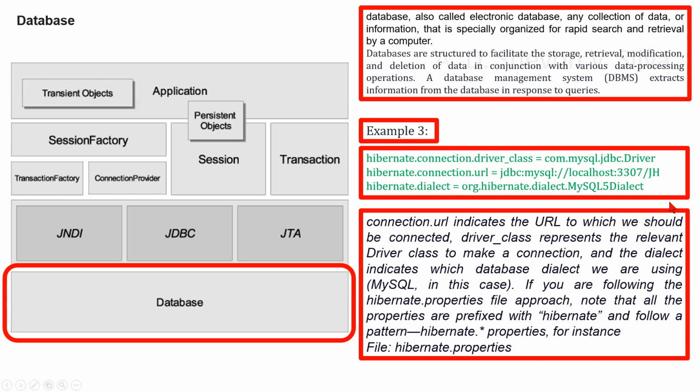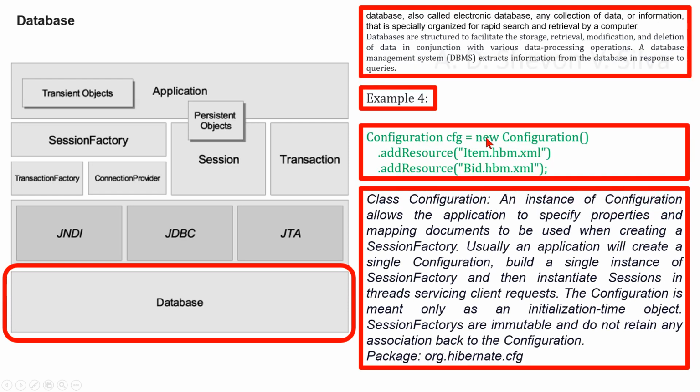As an example 4, we can consider this code segment. Here is the class Configuration. An instance of a Configuration allows the application to specify properties and mapping documents to be used when creating a session factory.